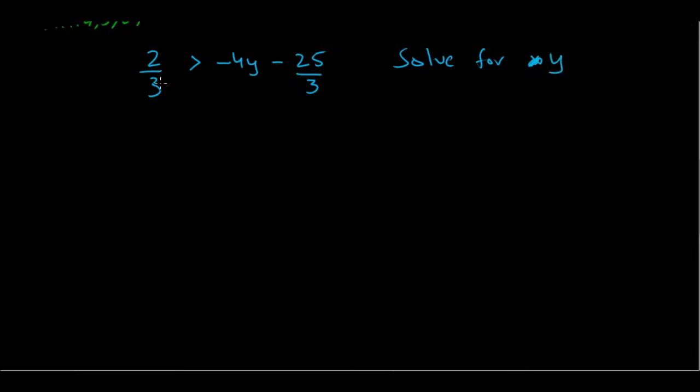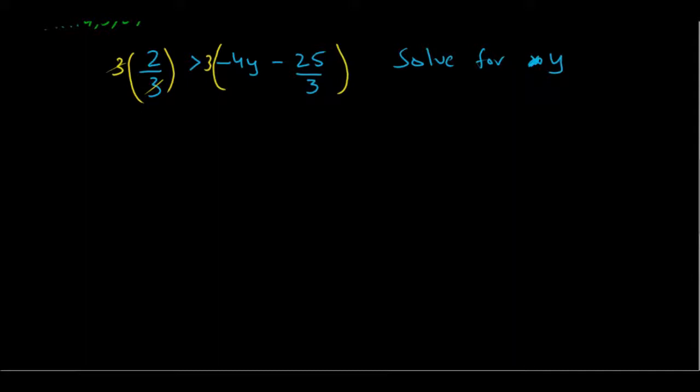Okay, so first of all, I have a fraction here, and fractions are ugly. We like to get rid of fractions. So how about I multiply by 3 on both sides? Okay, again, just like in equations, as long as you do the same thing to both sides, you can do that. So here I'm multiplying both sides by 3. So you'll see 3 and 3 on the left side will cancel.